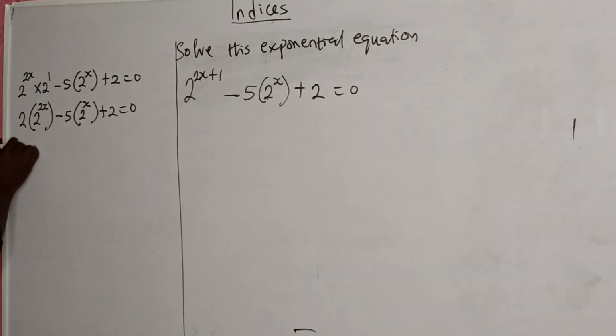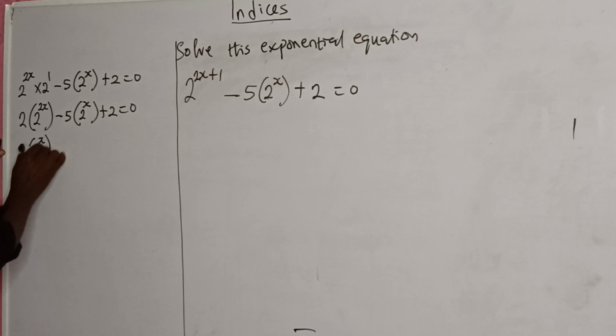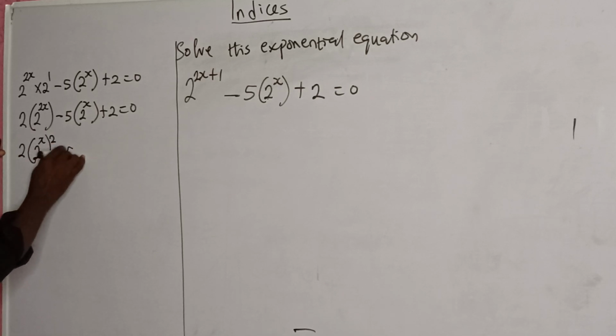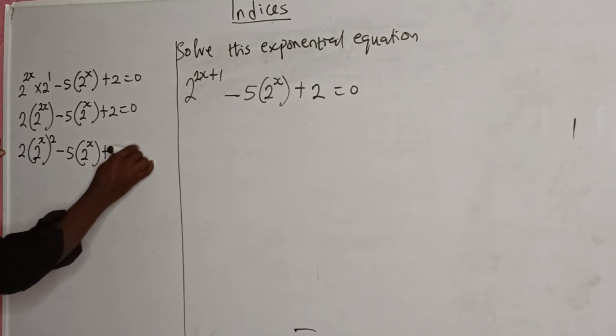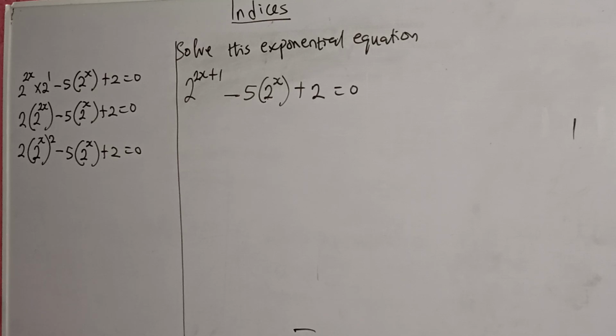So now the next step is 2 open bracket 2 power x close it, you put the 2 outside, minus 5 times 2 power x, plus 2 equals to 0. We've been able to express this side to look like here, because over here there is 2x, so you can use bracket to separate it because they are in multiplication.